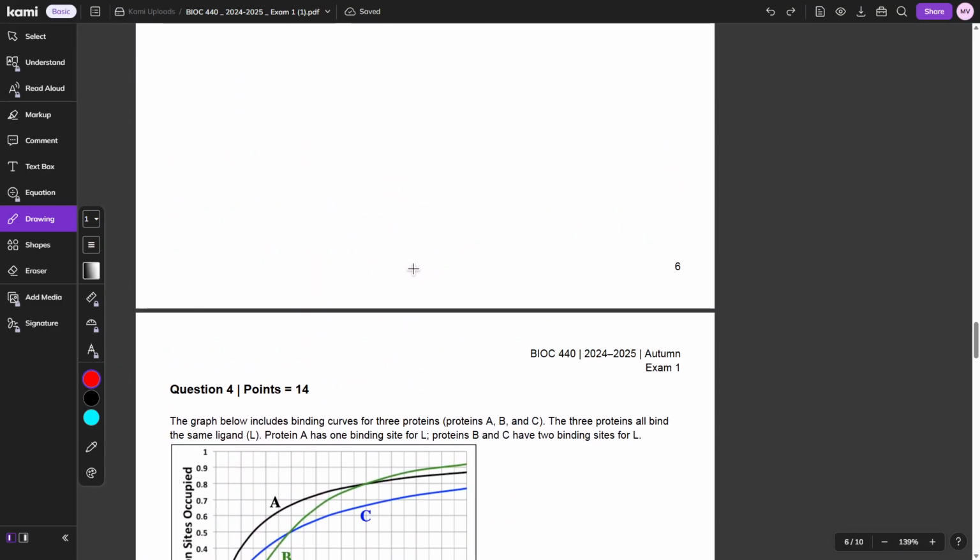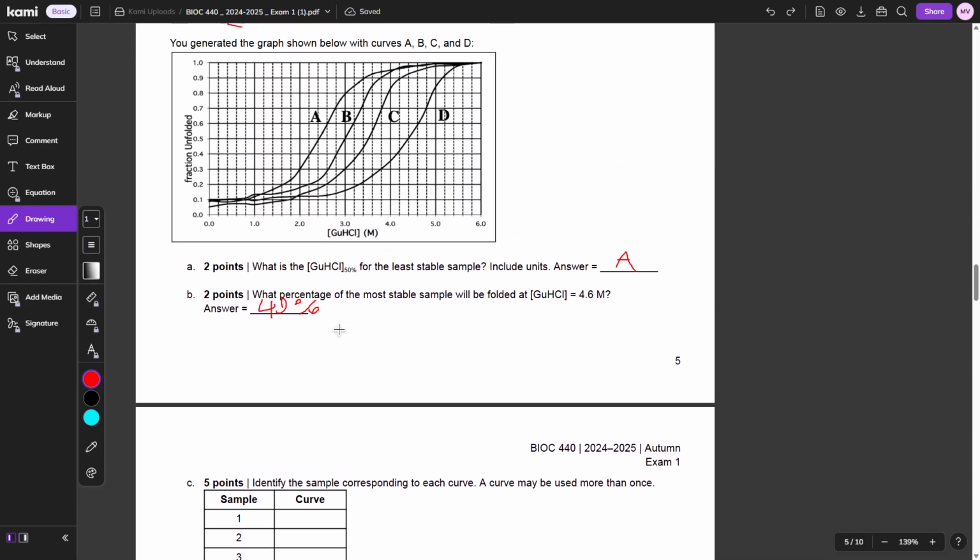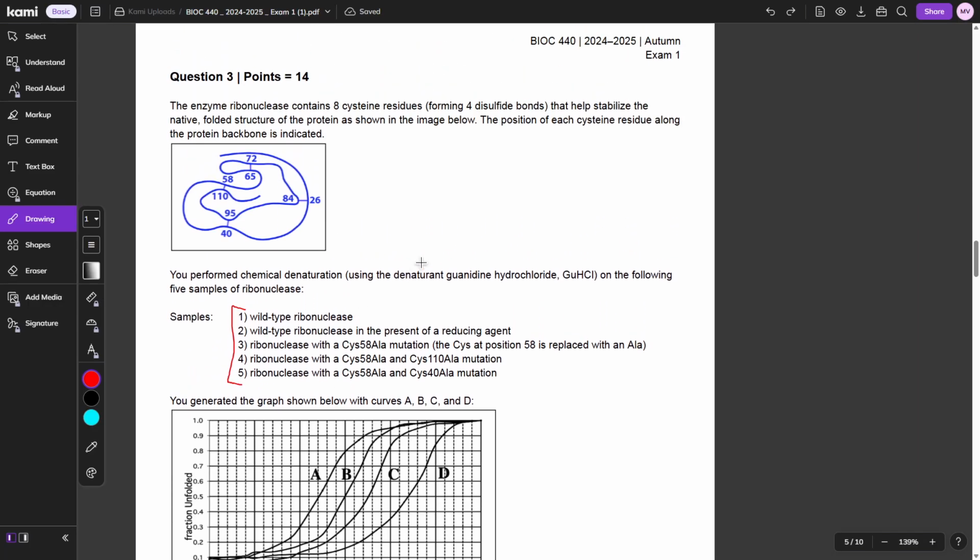But all right, let's move up here. So this is just like a panic fest. How do you even tackle this? Disulfide bonds naturally make things more stable. So if I remove a disulfide bond, the thing just dies. If I removed this disulfide bond, it'd be sad.